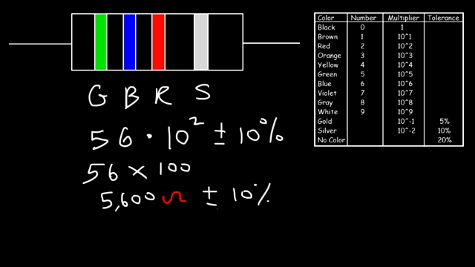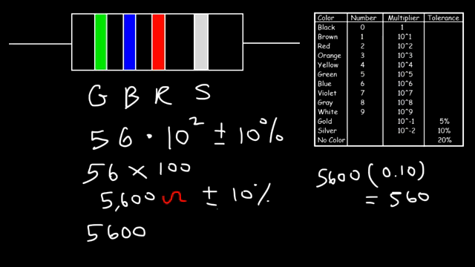Now let's calculate 10% of 5600. So 5600 times 10%, which is 0.10. To convert a percentage to a decimal, you can divide by 100 or move the decimal point 2 units to the left. 5600 times 0.10 is 560. So basically, we need to add or subtract 560. 5600 plus 560 is 6160.